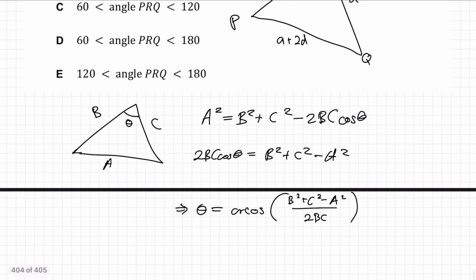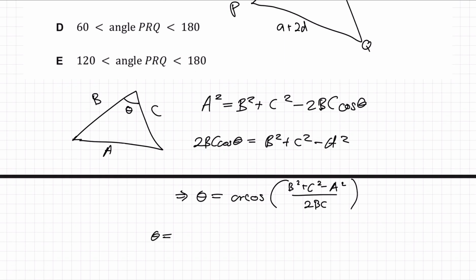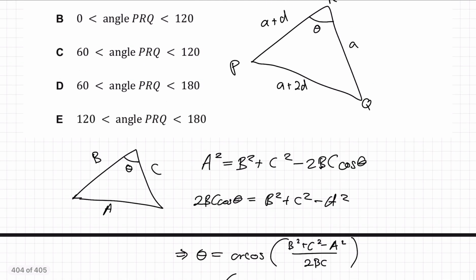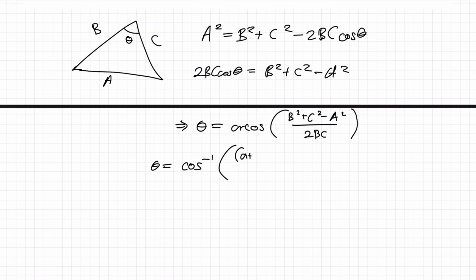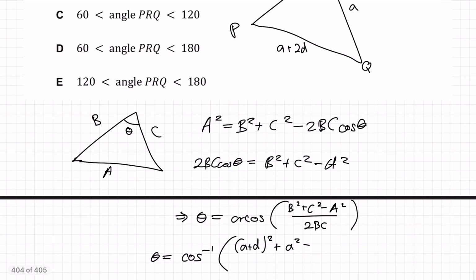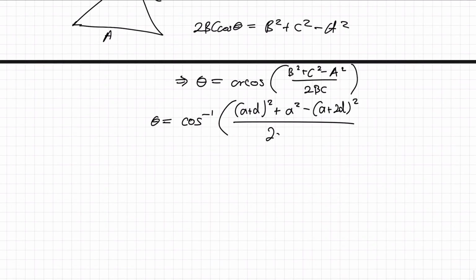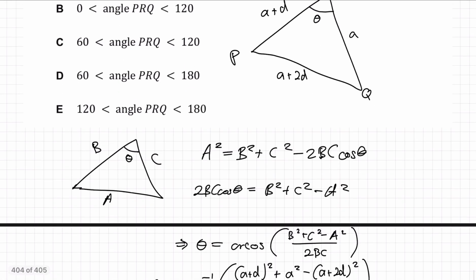Okay, now we can substitute in our values. So our formula for theta is going to be, for b squared and c squared, which are just a and a plus d, so that's a plus d squared plus a squared, and the a squared is a plus 2d. I know it's a bit confusing with the capital and lowercase a, but hopefully it makes sense on the paper. And over 2bc, that's just 2a times a plus d. Okay, there we go. So we have a formula for theta in terms of a and d.